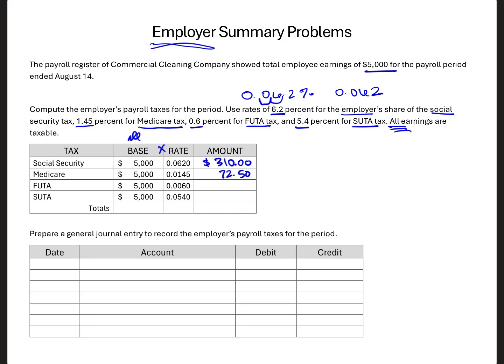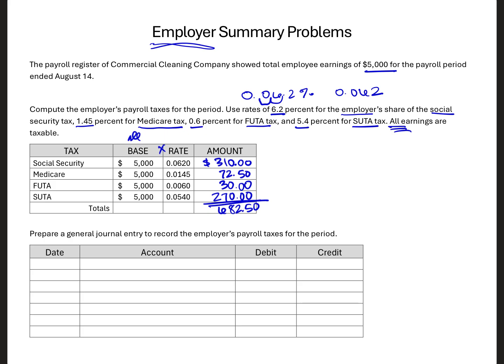Next up, we'd have our federal unemployment tax. If we multiply those together, our employer responsibility would be $30. And the last one, the state unemployment tax, again just multiplying the two numbers together, would be $270. If we add all of those up together, it's $682.50.